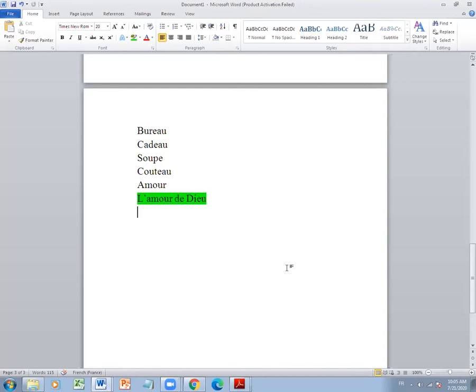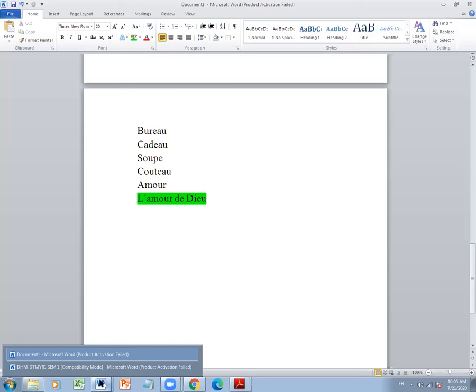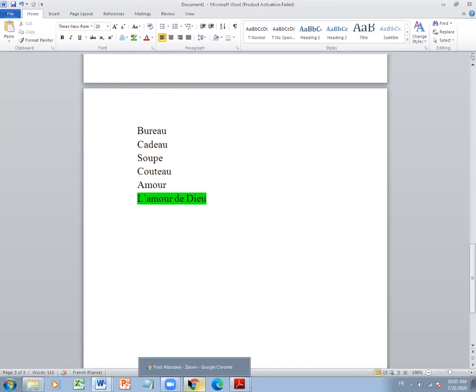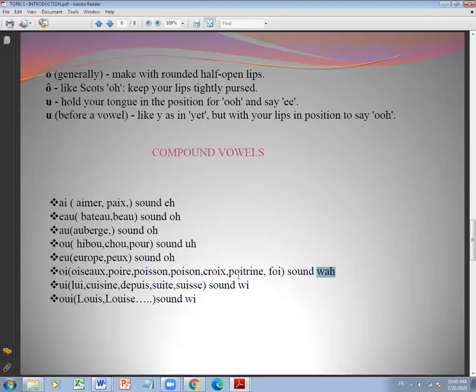Yes, Dieu. EU is O, so l'amour de Dieu, the love of God. So you see, through practice, French can be very interesting once you know how to read.